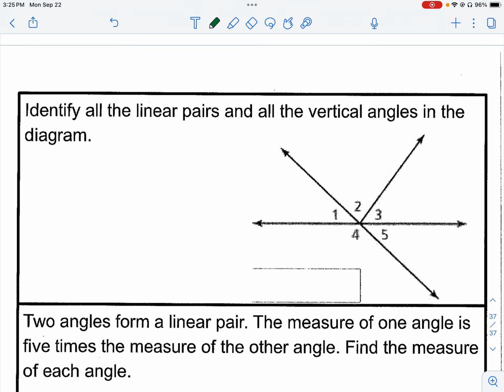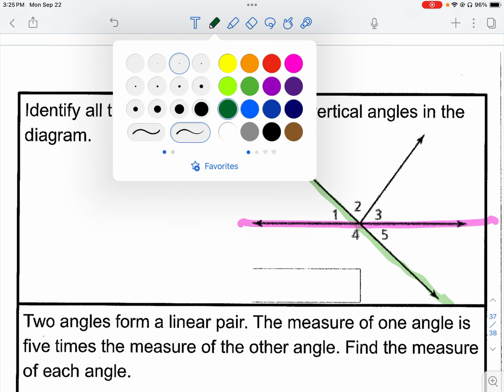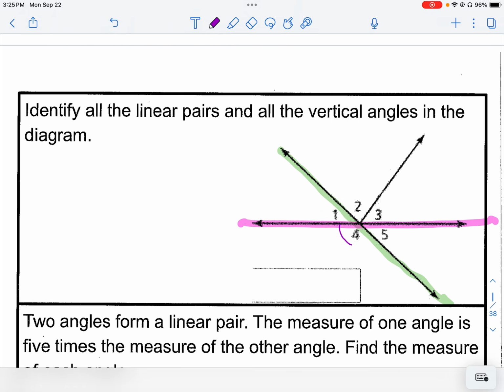So let's identify all the linear pairs and all the vertical angles in this diagram. Well, for a linear pair, we have to have a line. And a pair is 2, so here we have angle 4 and angle 5 are a linear pair.